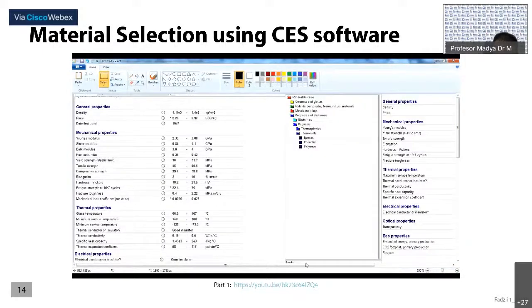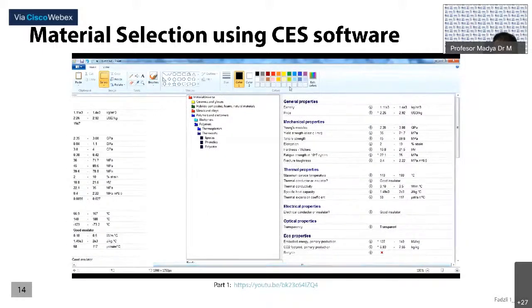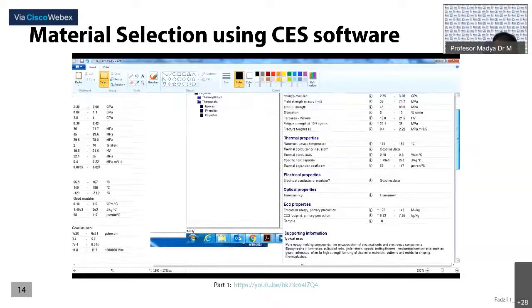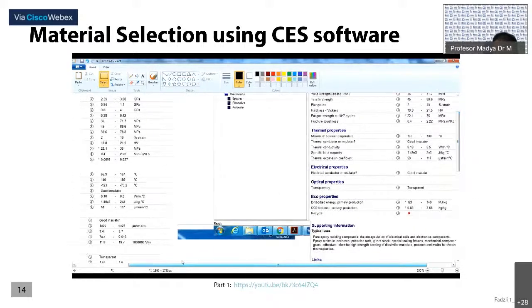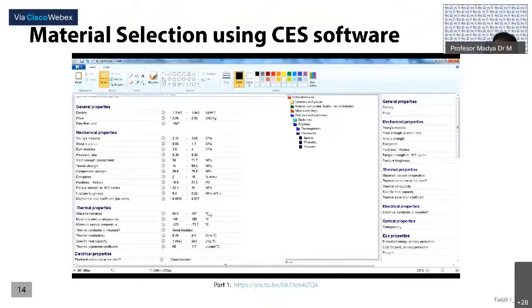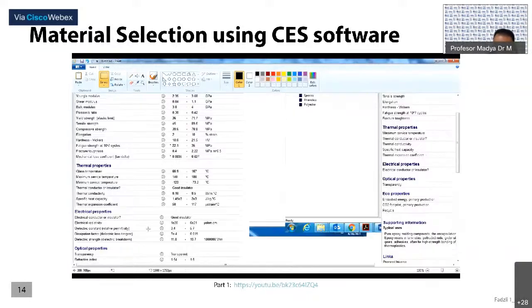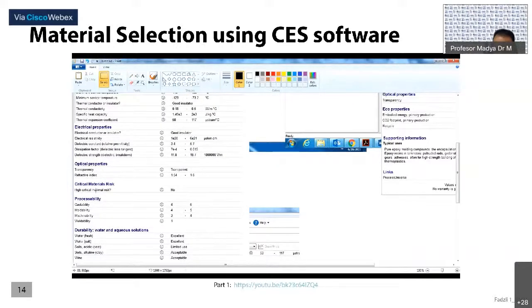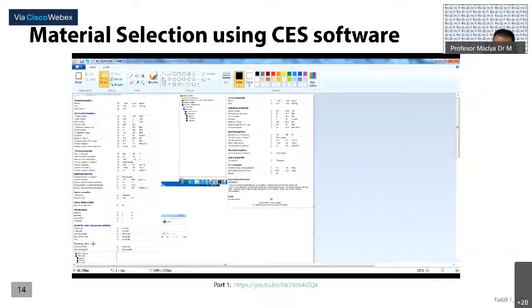The right hand side shows the general properties listed for epoxy based on level 1 information, and the left hand side is based on level 2. Of course, you see more information, more mechanical properties, thermal properties, and so on and so forth listed under level 2, and I'm not finished here. Still the list is continuing.